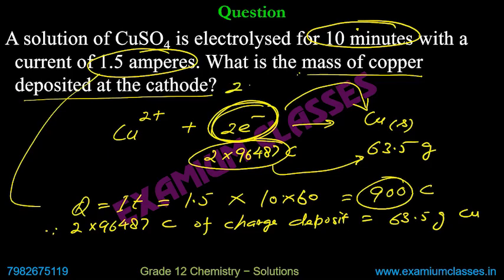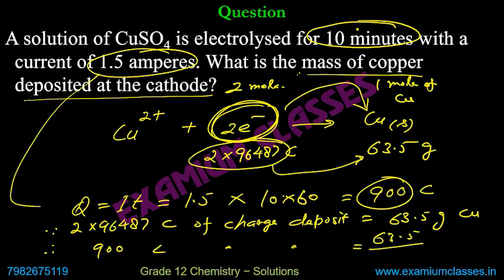So 2 moles of electrons deposit 1 mole of copper. 2 moles of electrons you convert to charge, 2 × 96487, and 1 mole of copper you convert to mass because that is asked. Hence, 900 coulombs will deposit 63.5 divided by 2 × 96487, times 900, of copper. That will be the answer when you solve.